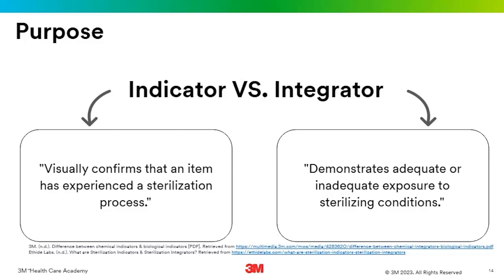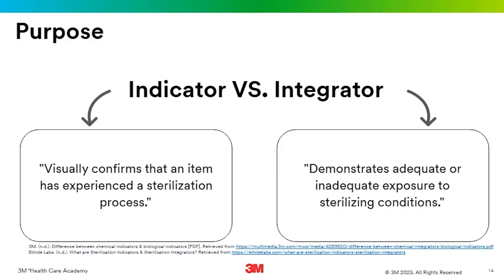So it needs to be coupled with a type 5 integrator. And I say integrator because that type 5, as you'll learn later, covers a lot. It really puts in the work. It's not better than a type 1, don't get me wrong, but an integrator covers a broader scope while an indicator lets you know that a certain process is happening.